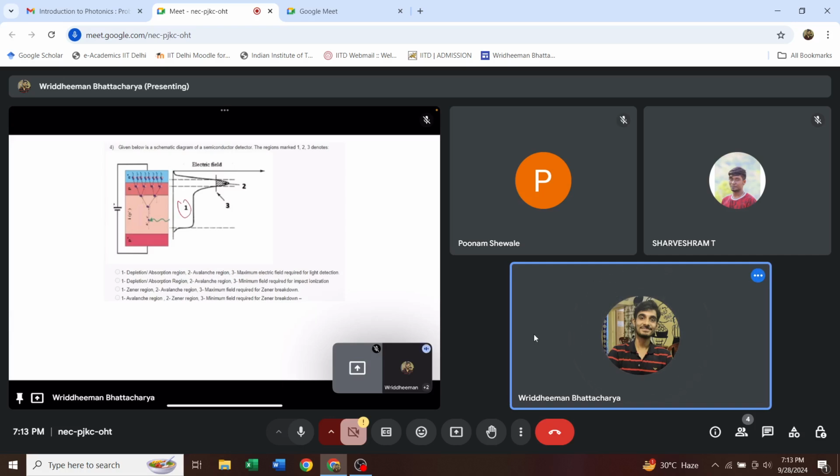The second one is the avalanche region. And the third is the threshold or the minimum field, right? So according to this, we'll get option B.